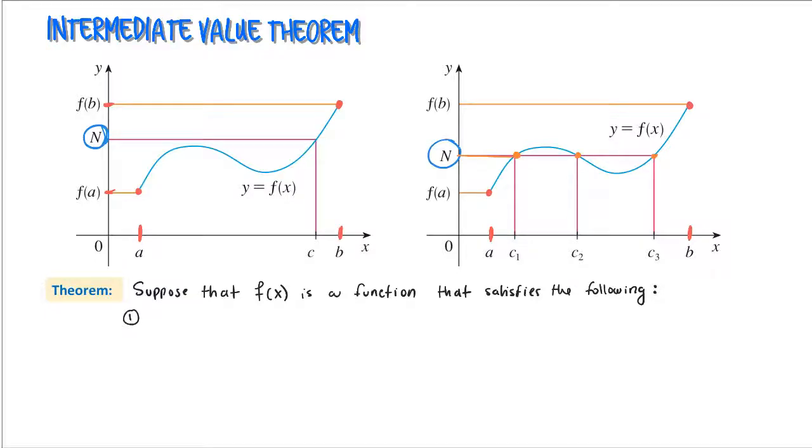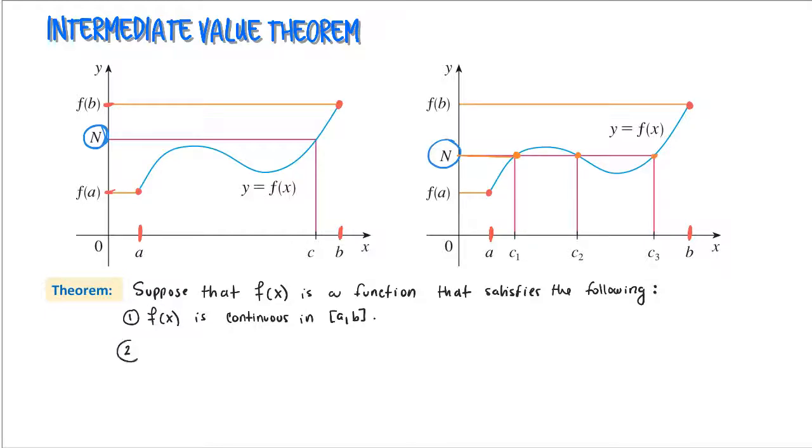Number 1, f of x is continuous in the closed interval [a, b]. And notice how this is the first condition that I'm stating, because this is the most important condition. f of x must be continuous in the closed interval [a, b]. If f of x is not continuous, the intermediate value theorem pretty much is useless.